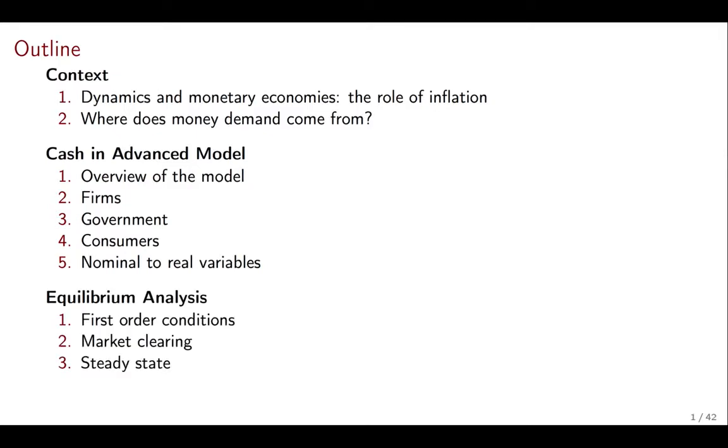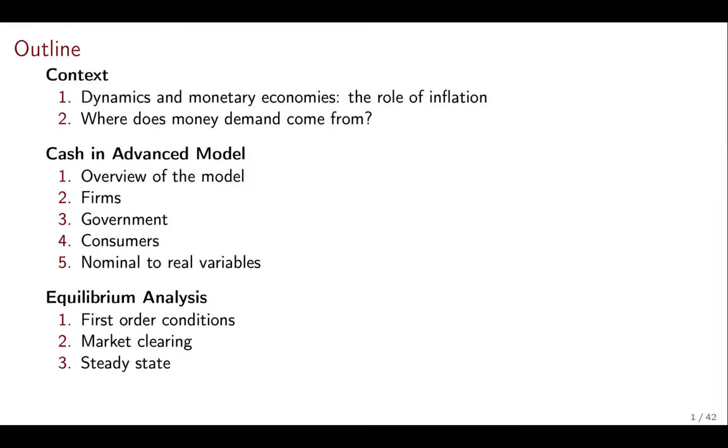Then we're going to have a next set of videos that is all going to be about finding the equilibrium conditions, finding the equilibrium allocation of real and nominal variables in the model. This is going to be where we're going to see how changing the rate of growth of money is going to change inflation, and that's going to end up having effects on how people behave.